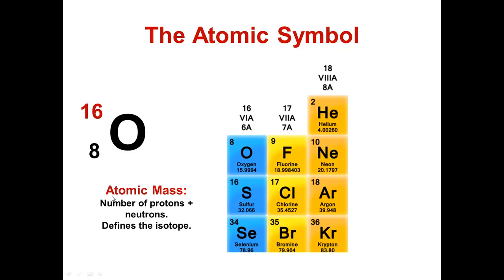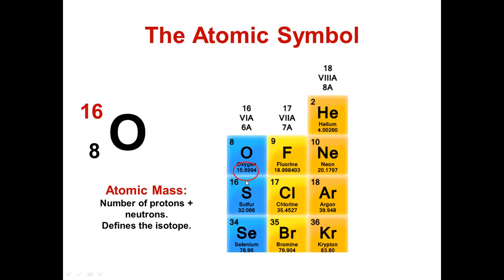It's called the atomic mass because, if you remember, the atom is made up primarily of protons and neutrons, that's the nucleus, and that number of protons and neutrons together makes up the majority of the mass because electrons are very, very light, weighing only approximately 1/1800th of the mass of a proton. So hence the name atomic mass.